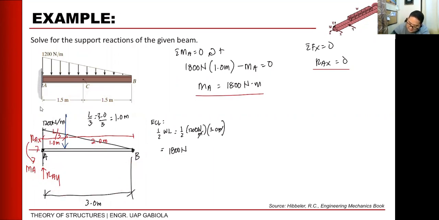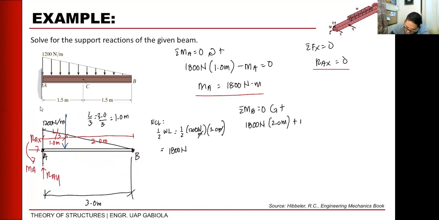So, pwede natin summation of moment at B. Taking, pwedeng clockwise as positive. Okay? Kasi ito is, counterclockwise, sorry. Counterclockwise yung rotation niya. So, 1,800 Newton times 2 meters kasi yun yung remaining distance. And then, yung moment natin is, anong direction ng moment natin? Counterclockwise din. Okay?